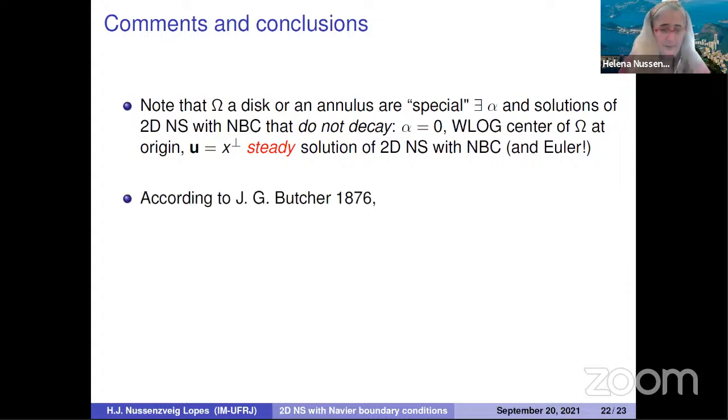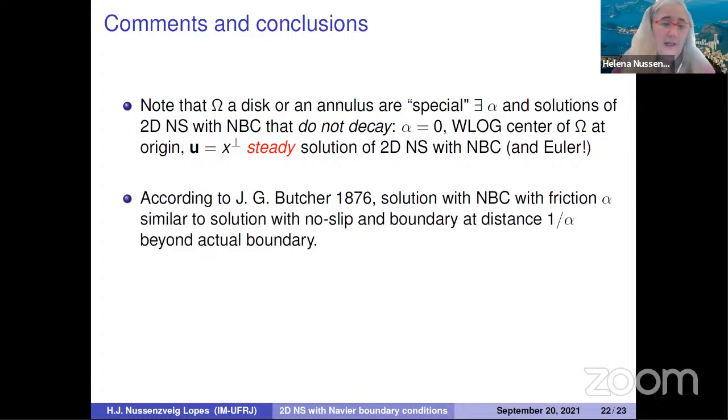Now the other observation is that there's a paper by J. G. Butcher from 1876 where he argues that the solution of the Navier-Stokes equations with Navier boundary conditions with some friction alpha, and here he's thinking of alpha positive, is akin to the solution of the Navier-Stokes equations with no slip if the boundary were pushed to a distance 1 over alpha beyond the actual boundary.